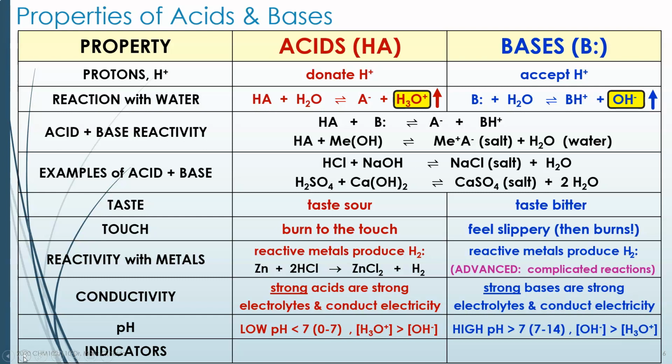And this will be true no matter what kind of base you put in water. Either the base will directly make hydroxide, or the base will indirectly produce hydroxide. So the base will always produce hydroxide. The acid will always produce H3O plus hydronium ions. So if there's a lot of acid there, you're going to get a lot of hydronium, low pH. If there's a lot of base there, you're going to get a lot of hydroxide, high pH.